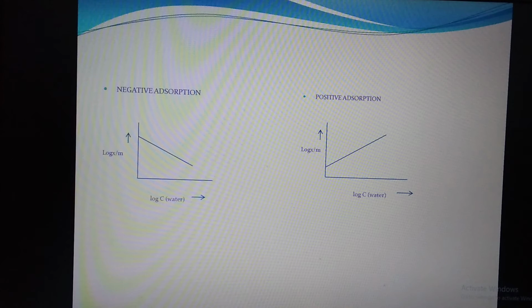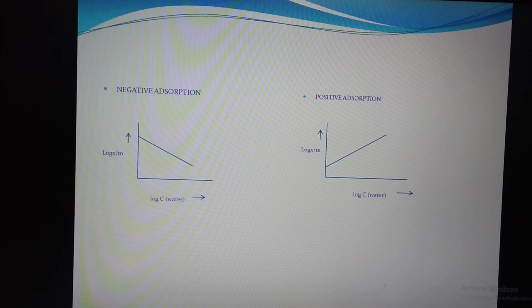For example, in school labs also, they are diluting the acids with water. If we absorb water, what will happen? The concentration will increase. You can see the second graph, a positive adsorption. It's the same thing, salt, KCl, from the concentrated solution of KCl.